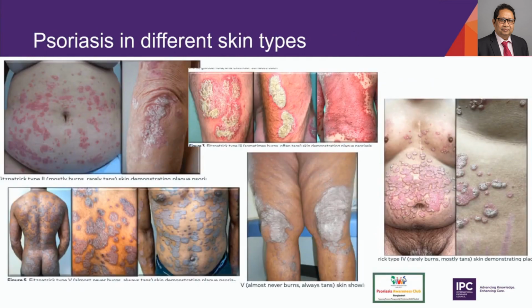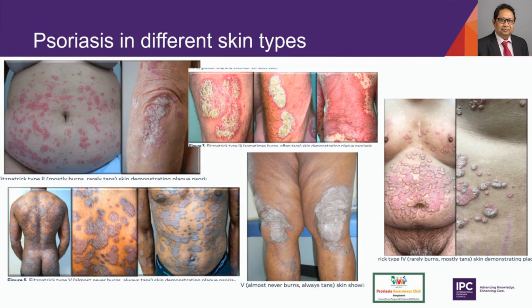But you can see the changes in different color types. In Fitzpatrick classification 1 and 2, you can see the red background with silvery scales. Gradually it is changing in Hispanic, type 3, type 4.